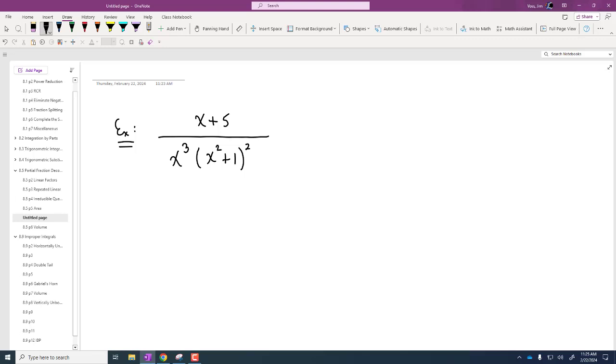It's not a bad idea to write it, oh my gosh, the white paper's so bright. You could write this as x minus 0 cubed if you wanted. I gotta change that paper, that's way too bright. So go ahead and start writing out that PFD for that thing.